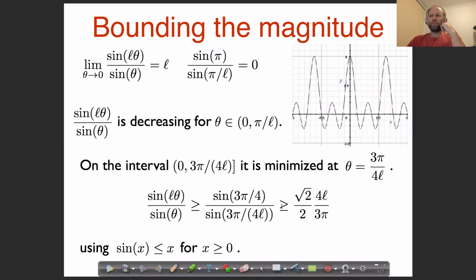Let's see, I guess we have to use something here, right? To upper bound the denominator, I'm just using the fact that sine x is at most x. So this is just a little computation to get this lower bound of root 2 over 2 times 4L over 3 pi.